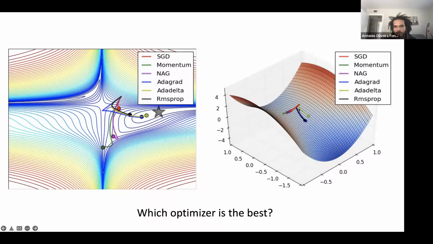But the stochastic gradient gets stuck here, and that's something we don't want. We want to keep moving towards the point of lowest loss. As you can see, the stochastic gradient is the only method that would get stuck there. Everybody else managed to escape that point. Actually, the momentum took a little longer, but also escaped. That's just to exemplify the properties of each of these methods.